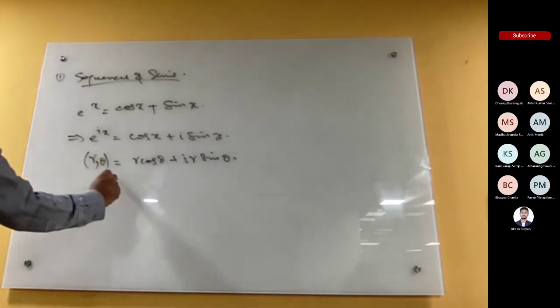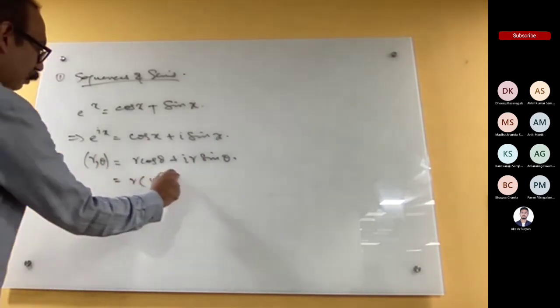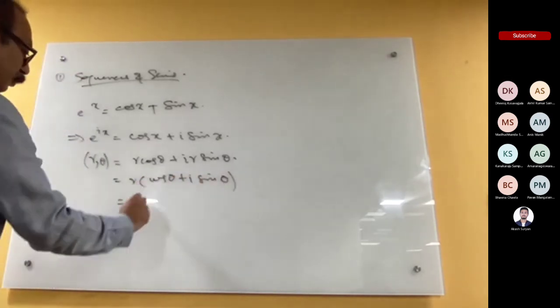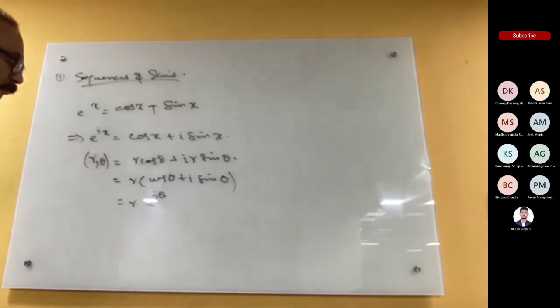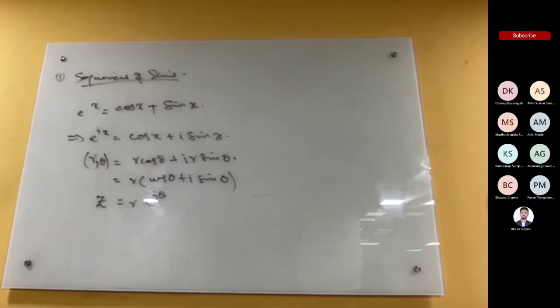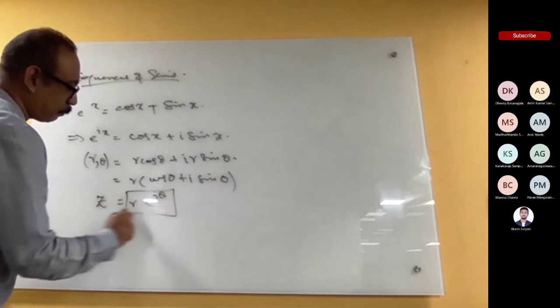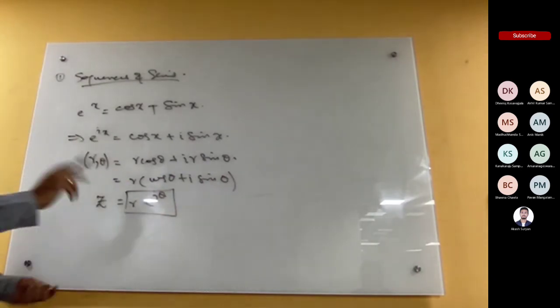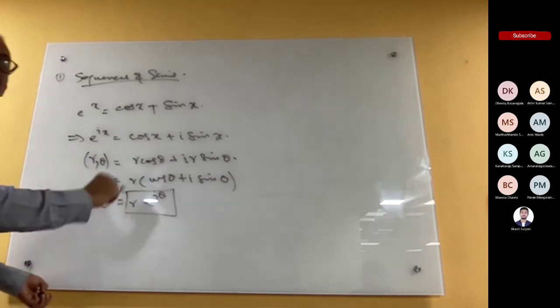If you take r out, it becomes cos theta plus i sin theta, which is e power i theta. This is very, very important. A complex number can be written as r e power i theta. This is a very important way of writing a complex number, which we will use again and again.